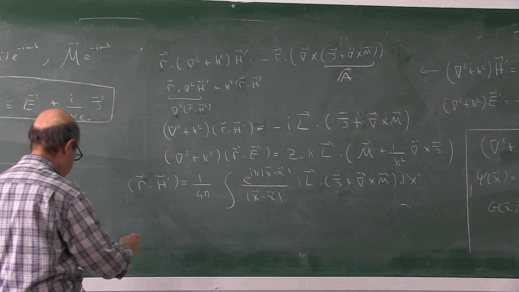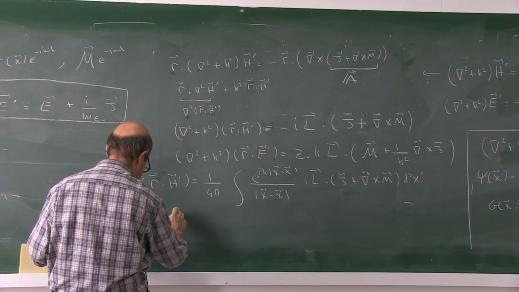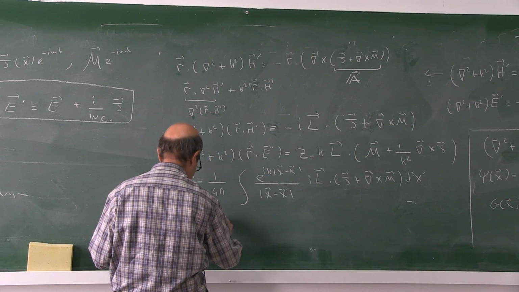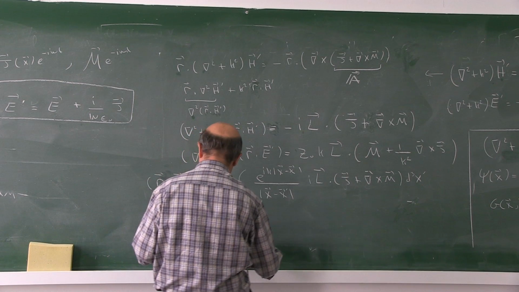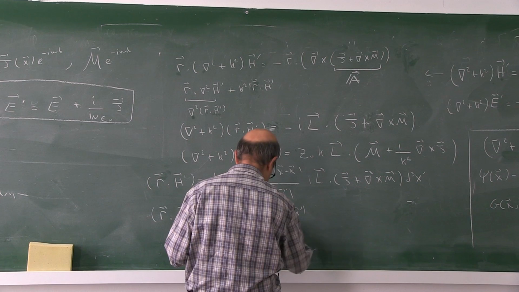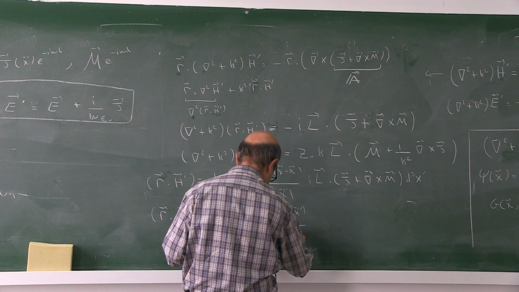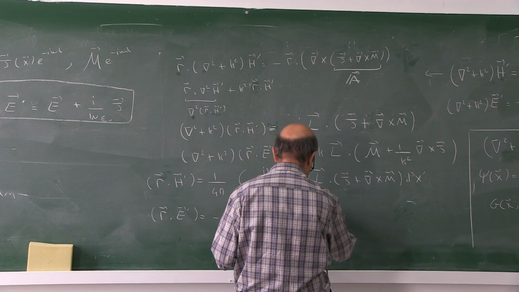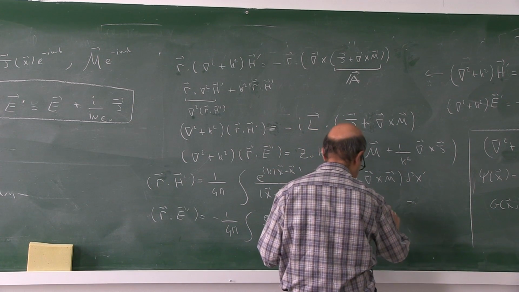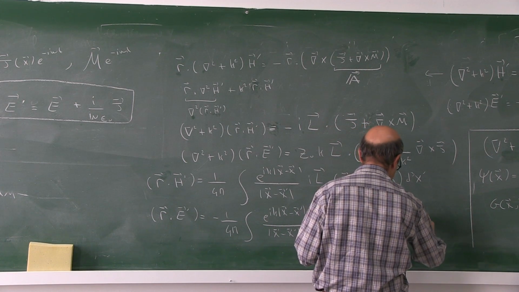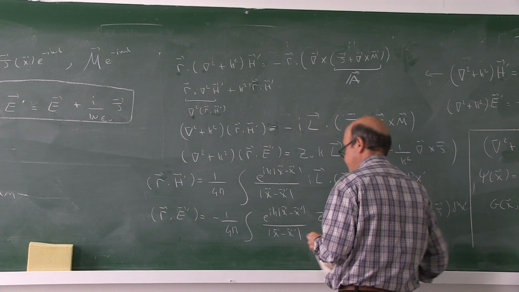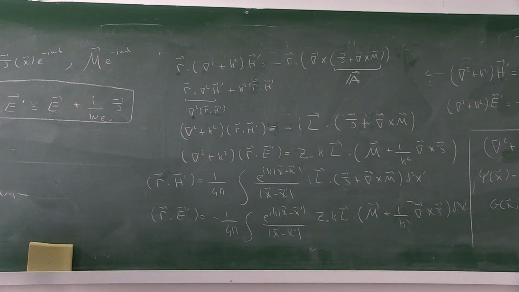If you do the same thing for the other one, R dot E prime will be, in that case, also minus 1 over 4 pi, Green's function times the source Z0 k L dot magnetization plus 1 over k square curl of the current density, integrated through the volume. So this will be the source.